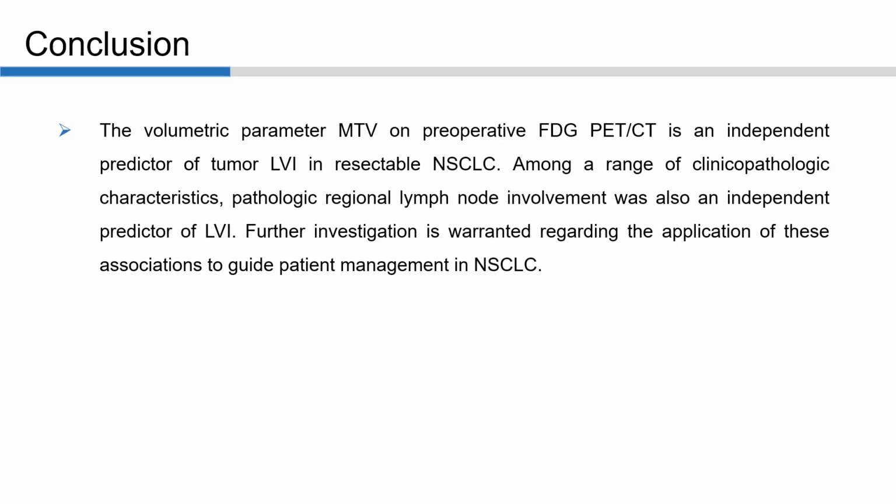Among a range of clinicopathologic characteristics, pathologic regional lymph node involvement was also an independent predictor of LVI. Further investigation is warranted regarding the applications of this association to guide patient management in NSCLC.